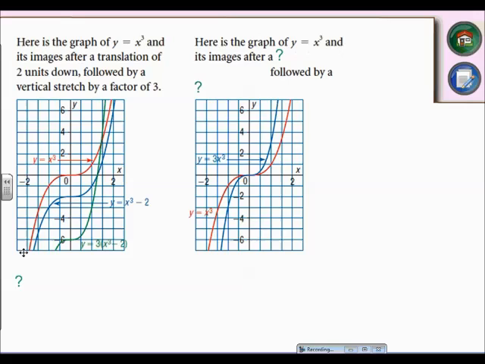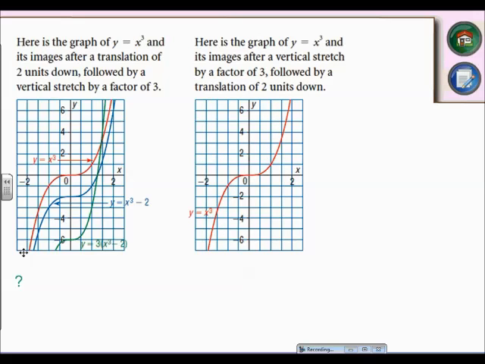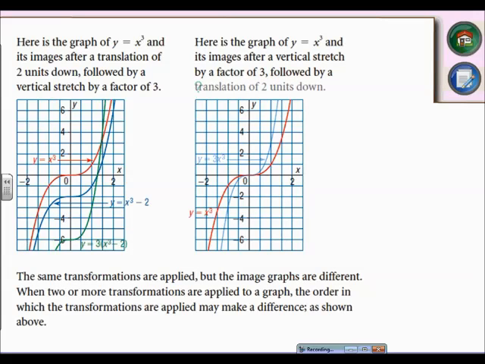If we do the other one, where we first of all do the vertical stretch, you get that blue line, and then you do a translation of 2 down. And I don't have that graph, but in your book you can see that it comes to here.